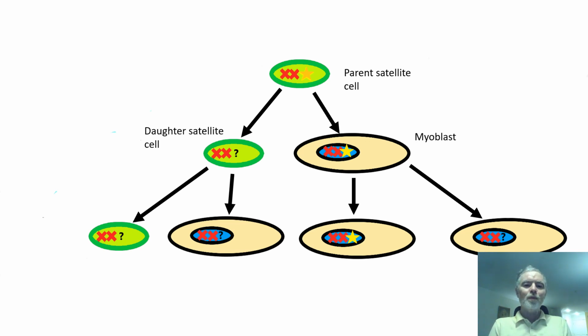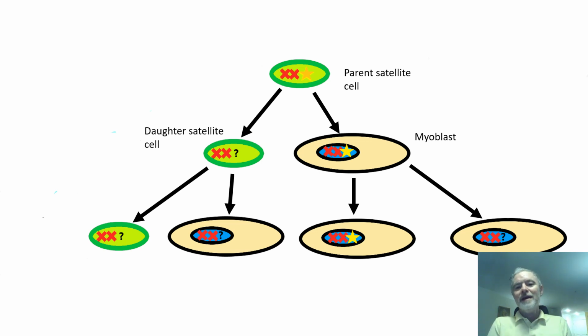So one of the daughter cells remains a satellite cell, and then it can divide again, many times. The other daughter cell becomes a myoblast. It can divide some more to become more than one myoblast. But then the myoblasts eventually join the muscle fiber, or if a muscle fiber dies, form a new one.